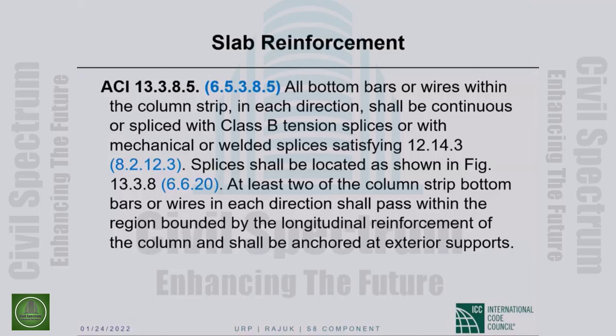So all column strip bottom bars must be continuous, with two of them passing through the column cage. That's the summary of it. I cannot tell you how beneficial this requirement has been and how many buildings it has saved after explosions and things like that. Highly, highly important. All column strip bottom bars shall be continuous with two of them passing through the column cage.